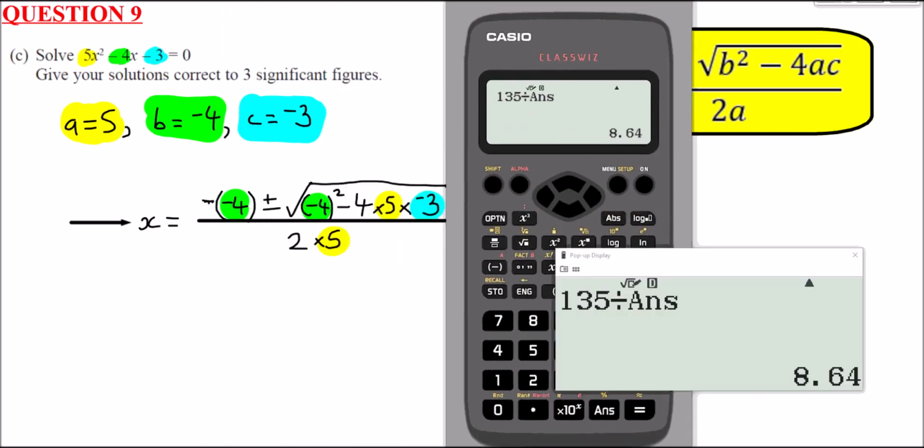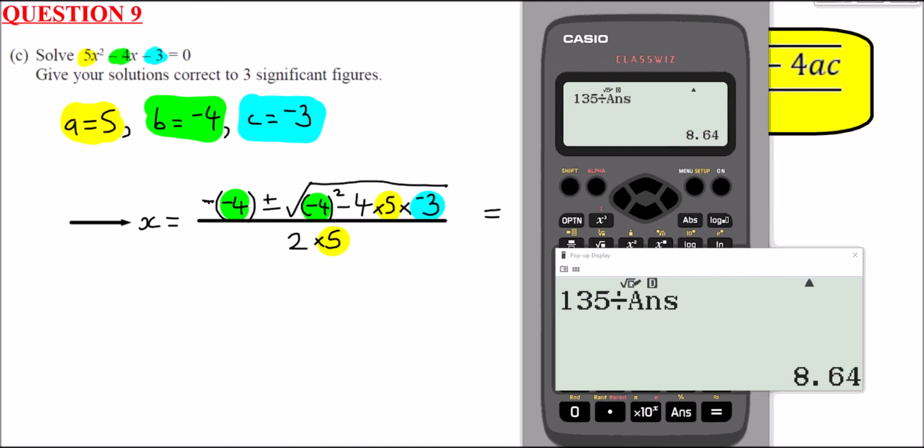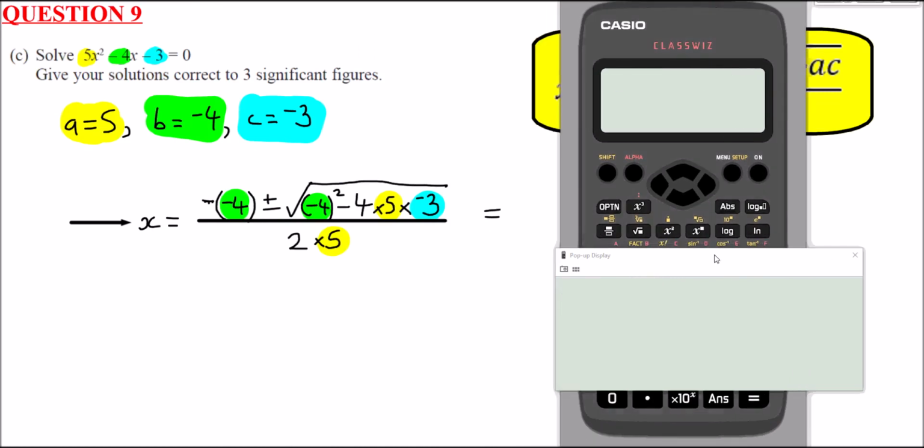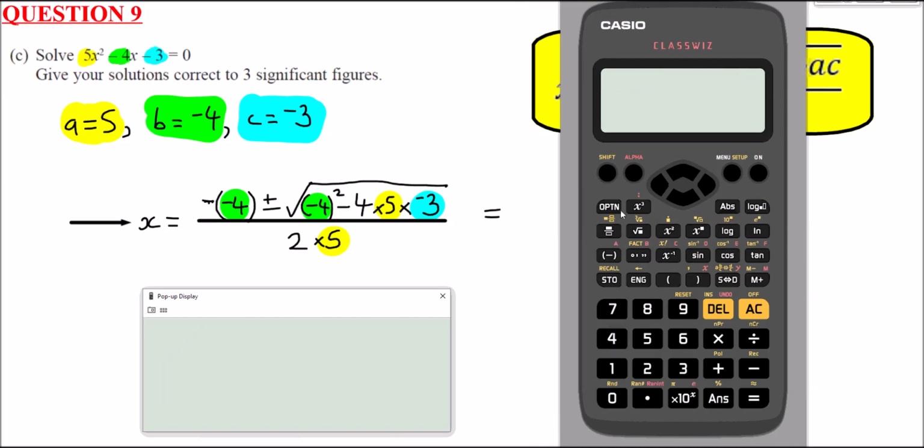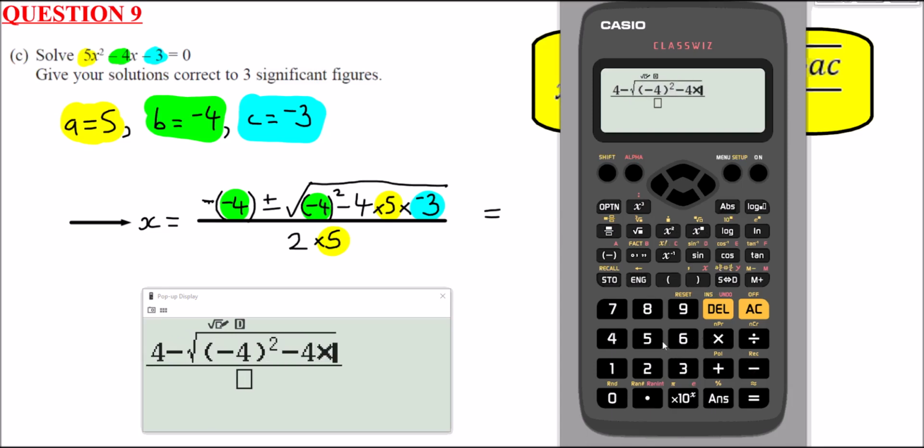So first of all, what we need to do here is to do the fraction line. So press the fraction button. -4, you can put as just +4 if you want to. First of all, I'm going to do the negative square root. We can change this to the positive one after. So -4 squared, -4 multiplied by 5 multiplied by -3.